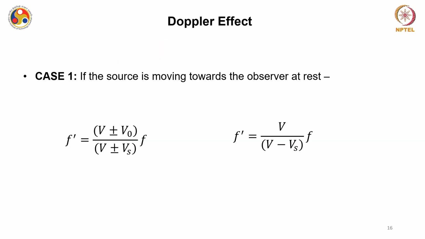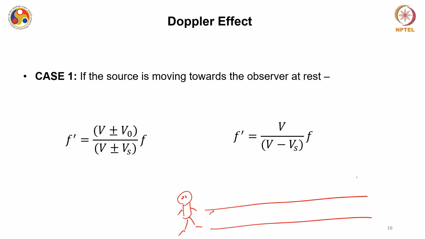Say the first case is if the source is moving towards the observer which is at rest. The perfect example can be a person waiting at a railway platform, and this train is coming towards him.